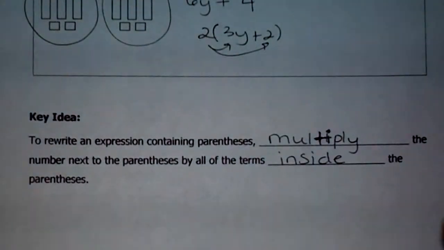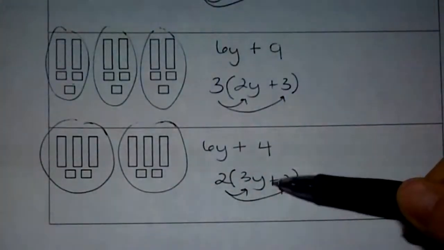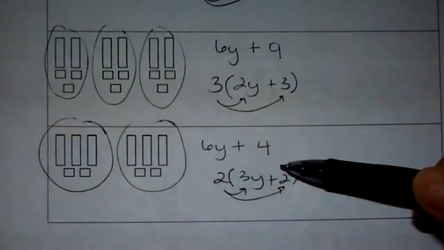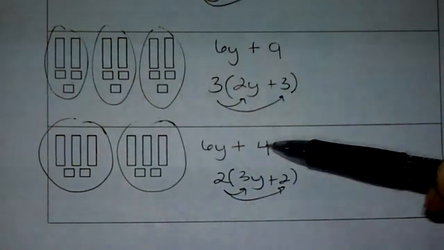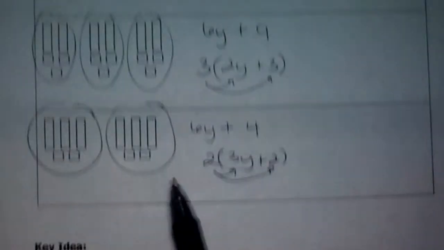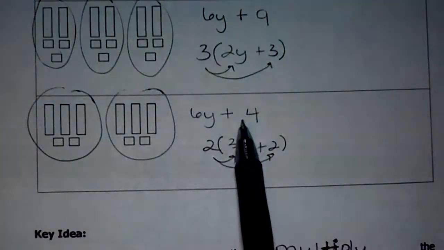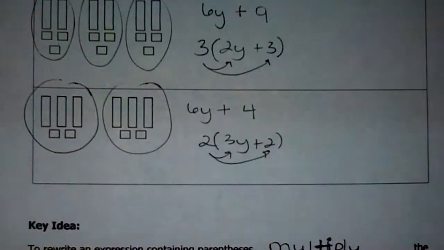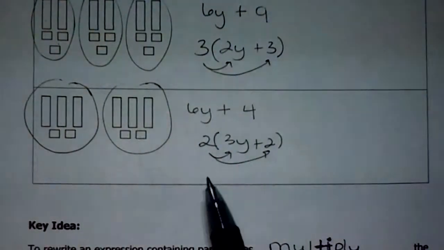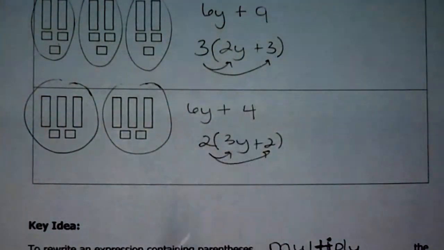And by doing that, you're allowed to remove parentheses without changing the value, because don't both of those expressions represent the same picture? So they're equivalent expressions, but one contains parentheses and one doesn't. When you're simplifying expressions today, you can't have parentheses in it. And that's all you'll have to do to remove it.